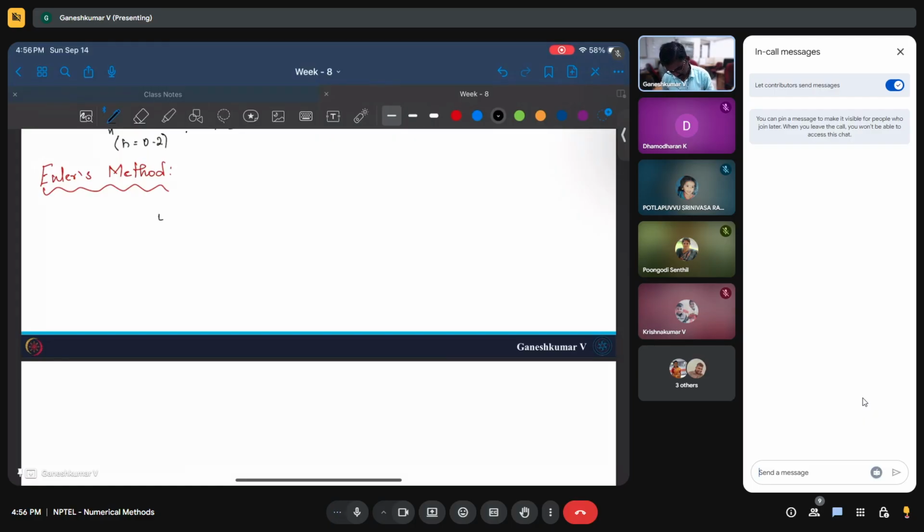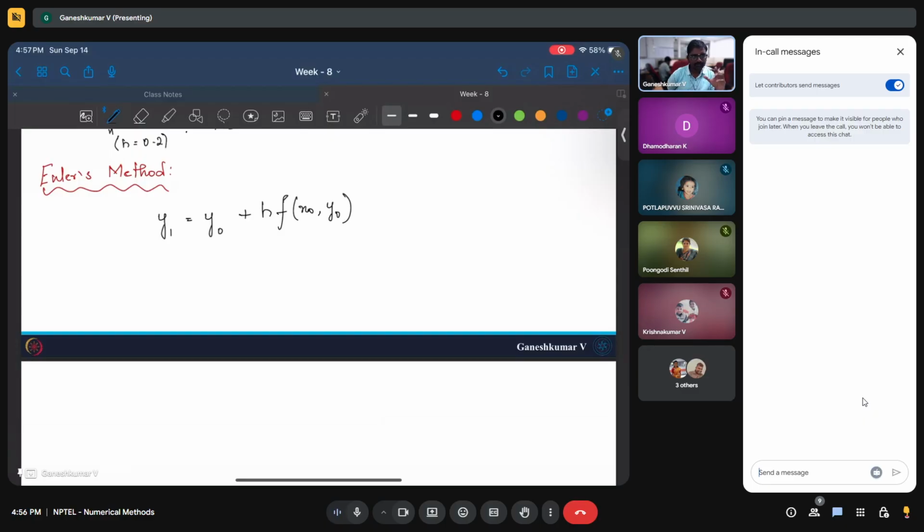So in this case, y1 is going to be y naught plus h into function of x naught and y naught. This is also called Euler explicit method. It's also called forward Euler method, because you're trying to use previous values y naught and x naught to find the new value.